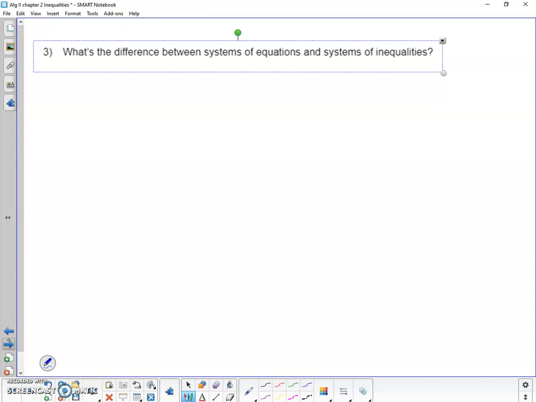What were we doing when we graphed systems of equations? What were we looking for? What were we looking for when we were solving systems of equations? That was your substitution, elimination, the graphing. What did our answer look like?